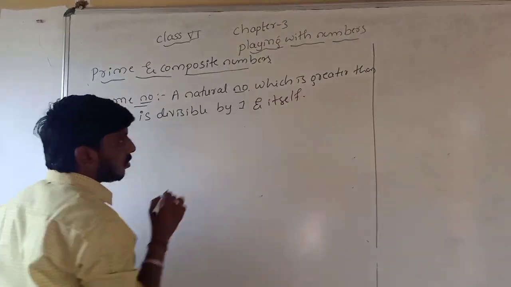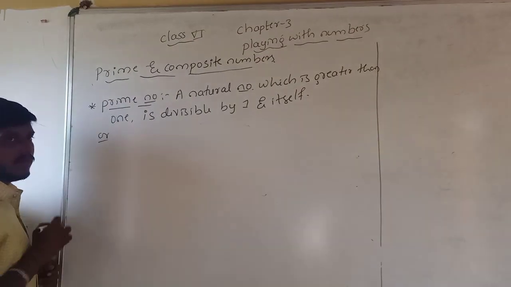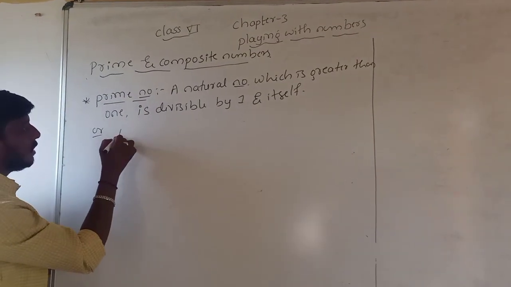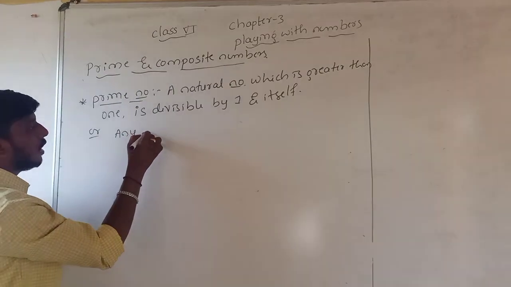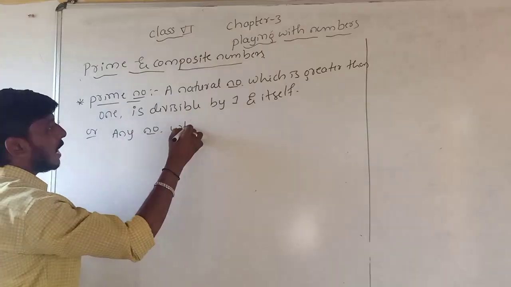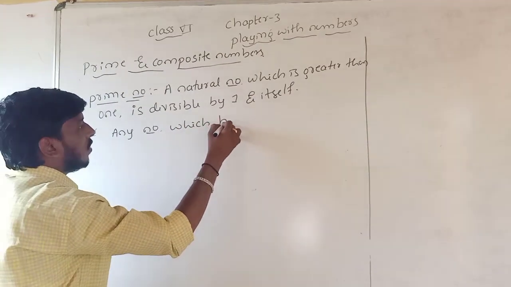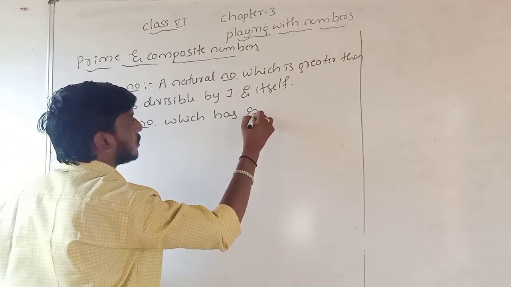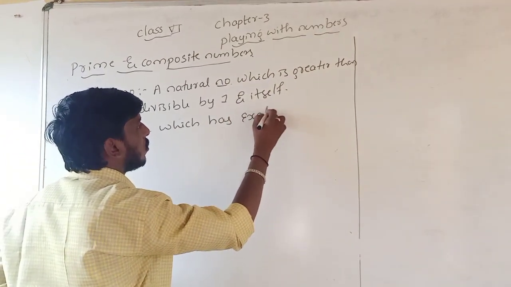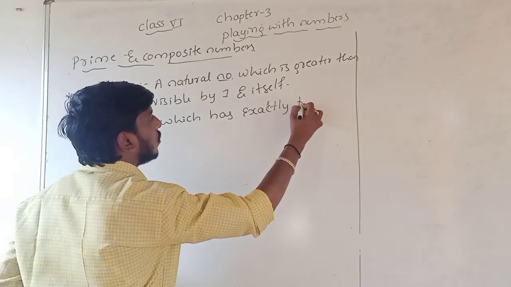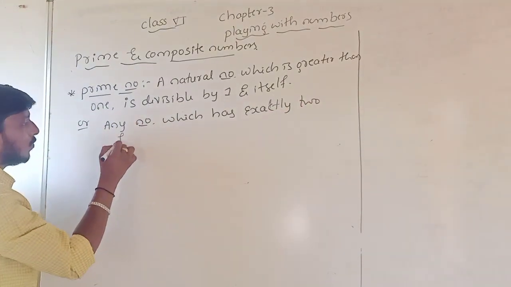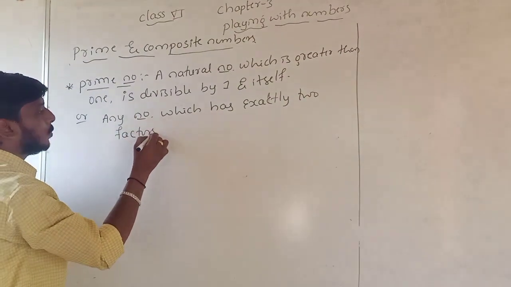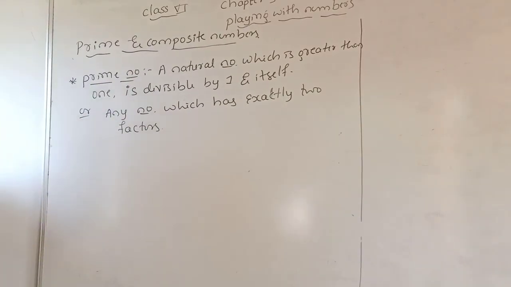Or you can write one more definition with the help of factors. Any number which has exactly two factors is said to be a prime number. What are the prime numbers?